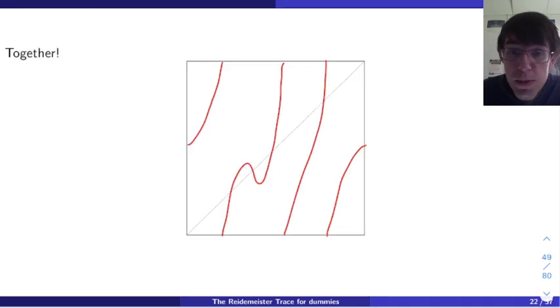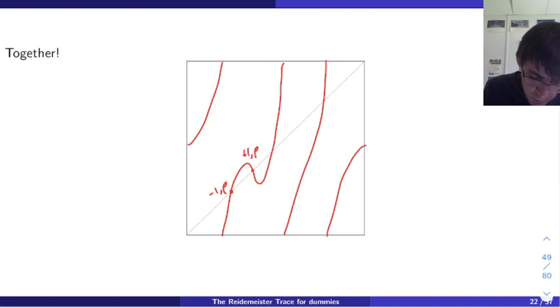And we can do these things together. So if I were to consider these together, this point right there would be, I hope you remember your fixed point index, a -1 and a rho, right? -1 because the graph is going up through the diagonal. That counts as a -1. This is a +1 and a rho. This is a -1 and a rho. And this here is a -1 and a rho squared, right?